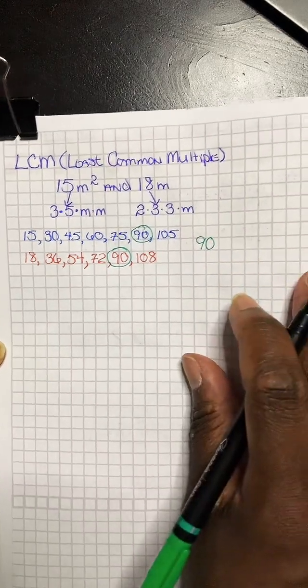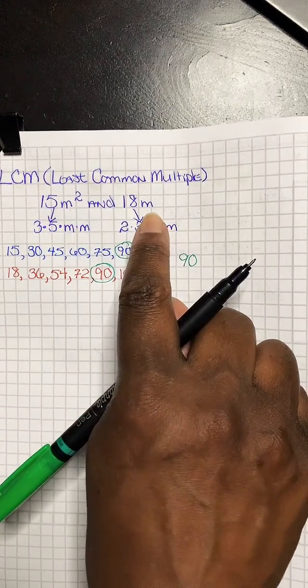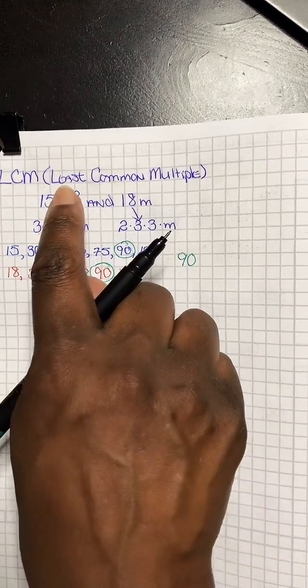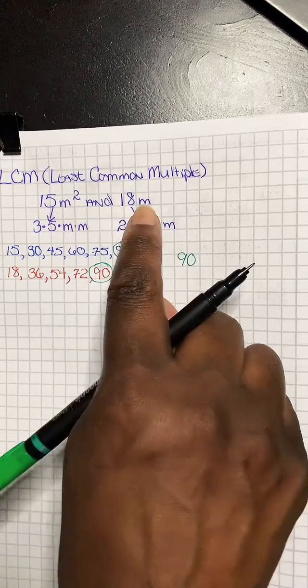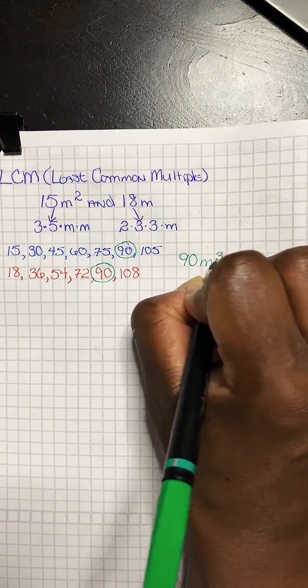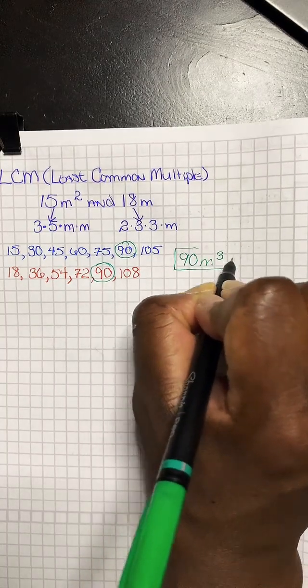Now, when it comes to the variables, right away you're going to be like, oh, they have M in common. We're not doing the GCF. We're doing the least common. So that means we're basically adding them together. M to the third power. This is going to be the least common multiple.